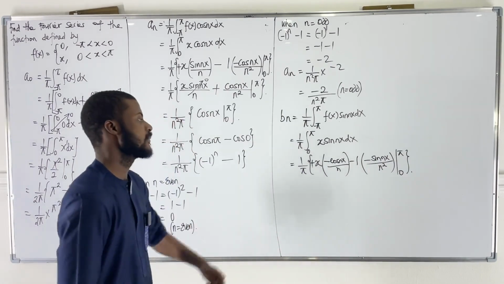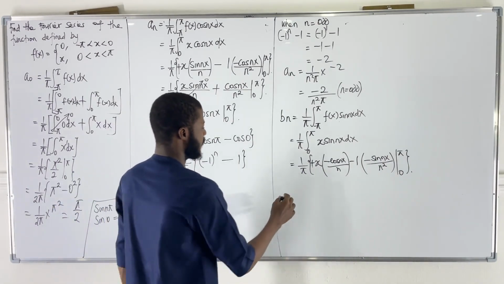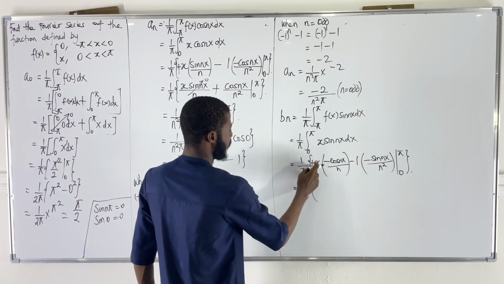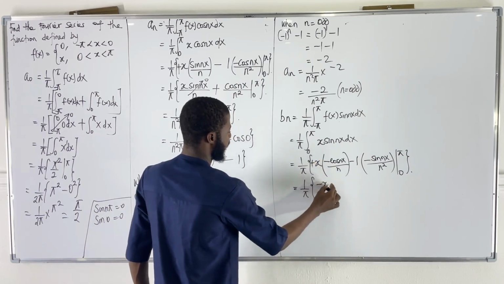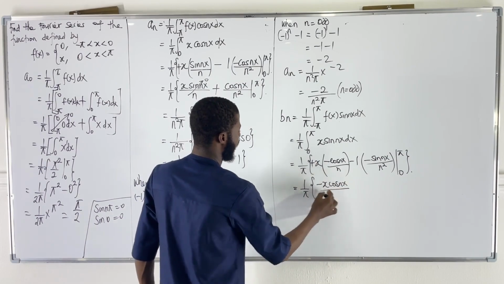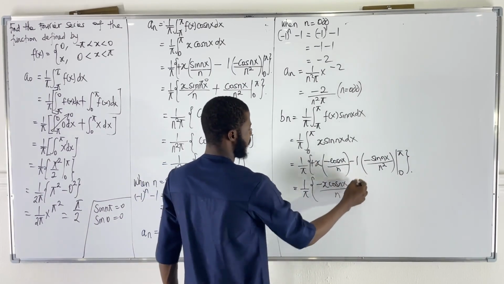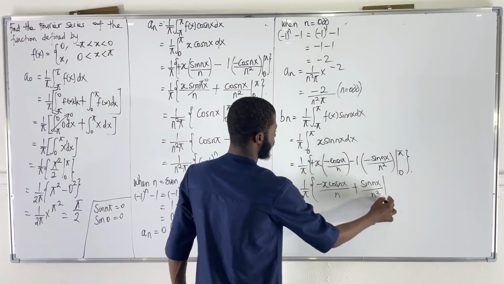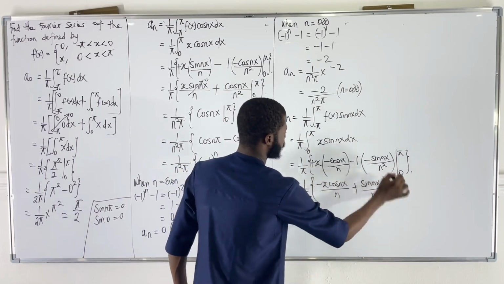So that's what we have. Now let's simplify this bracket. So this is 1 over pi. This will then become minus x cos nx over n. Minus times minus is plus sine nx over n squared from 0 to pi.